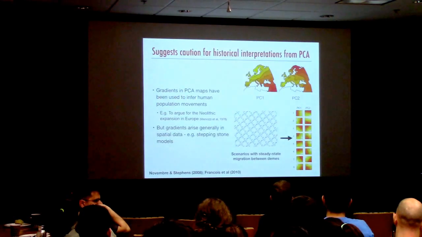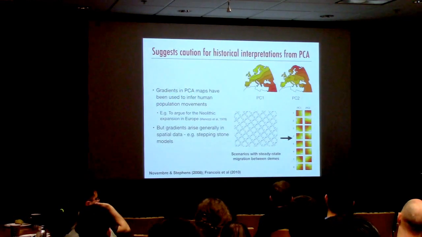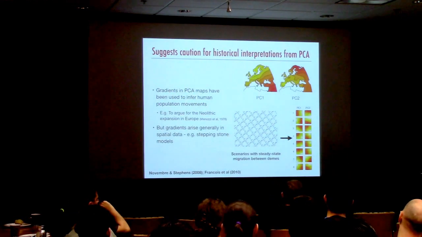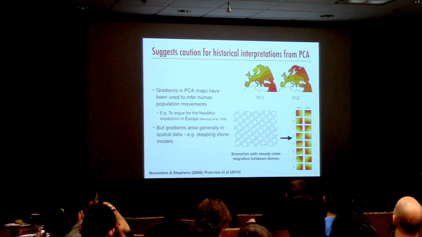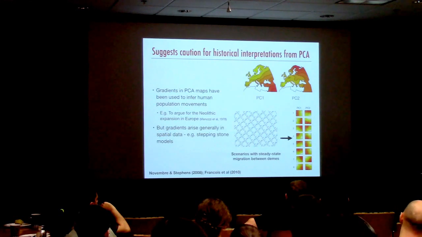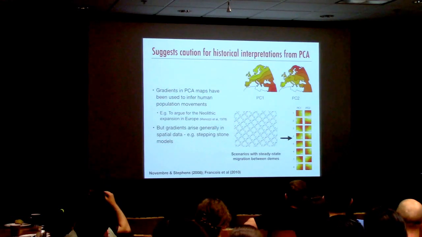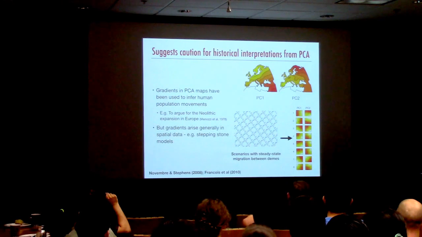Okay, so I think I'll leave you with that thought. This aspect has introduced a lot of confusion, in that people have looked at gradients of principal component values on geographic maps and interpreted them as expansions of people moving across landscapes.